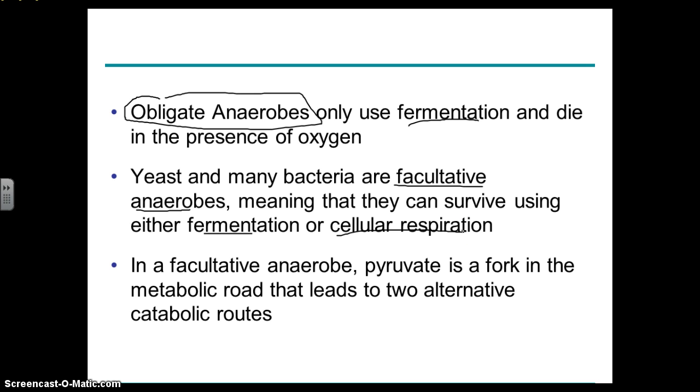We can do both, although we cannot survive on anaerobic respiration that long. Eventually we would die. So technically we're not facultative anaerobes, because we can only survive on anaerobic respiration for a short period of time. So we have obligate anaerobes, which die in the presence of oxygen and only use fermentation, and facultative anaerobes, which can do either, depending upon if oxygen is present.